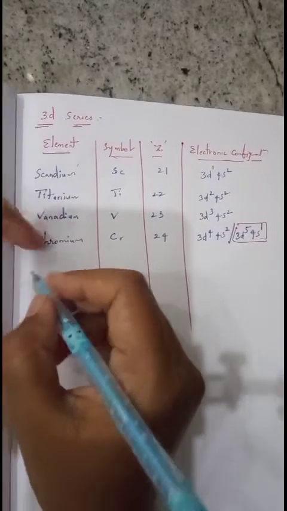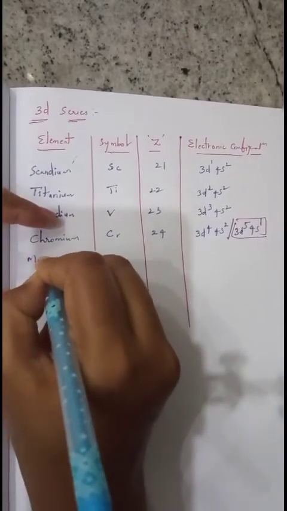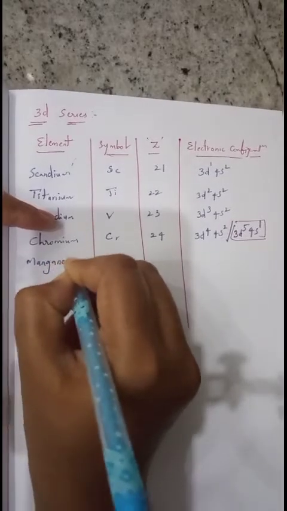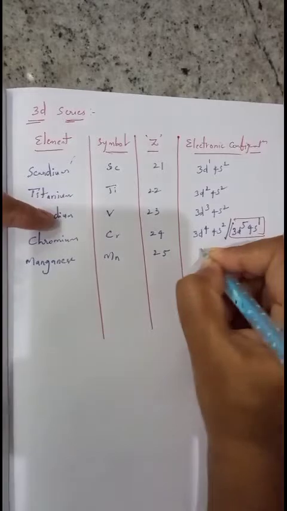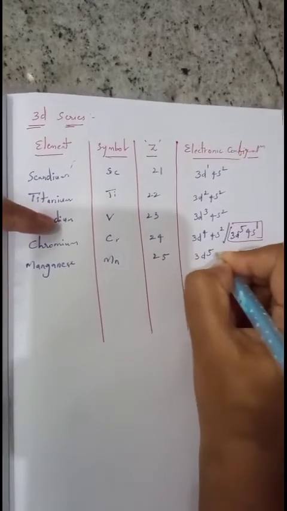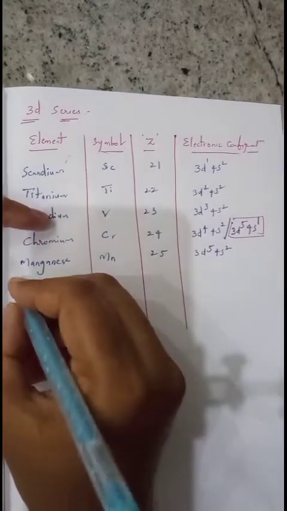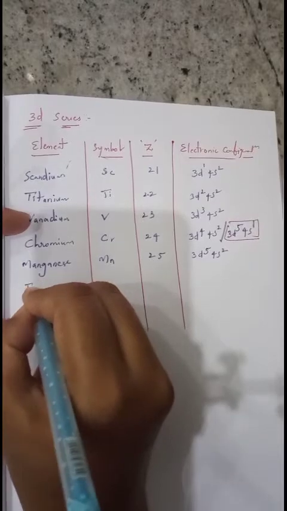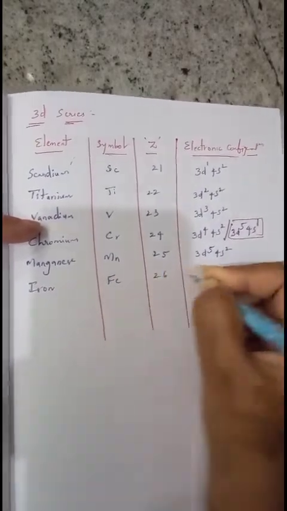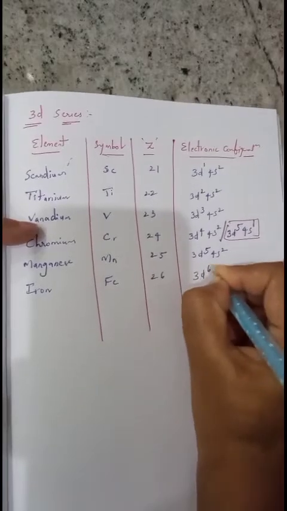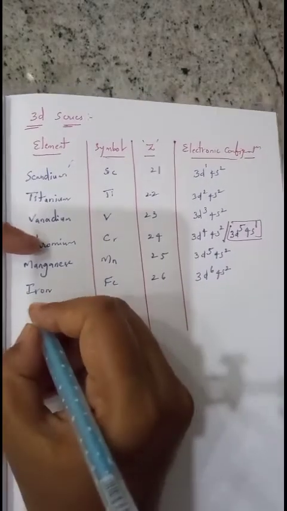Next, another element is manganese, symbol Mn, atomic number 25, outermost configuration 3d5 4s2. Next, iron, Fe, atomic number 26, configuration 3d6 4s2.